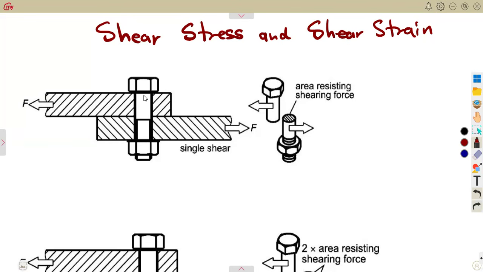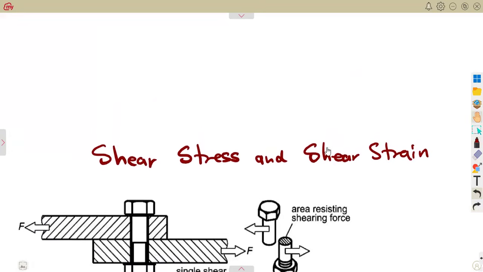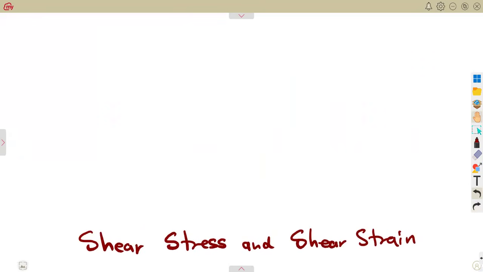Force applied affects. So when it is a shear stress, and also when it is the strain, it is going to affect our calculation. How are these two going to affect our calculation before we look into the conditions that can happen? Nothing is affected. Nothing is going to change.